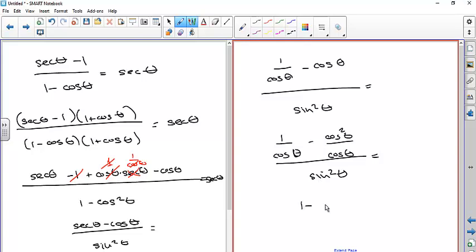So the numerators can be combined. 1 minus cosine squared theta over cosine theta divided by sine squared theta. But 1 minus cosine squared is sine squared, so I can replace that with sine squared.